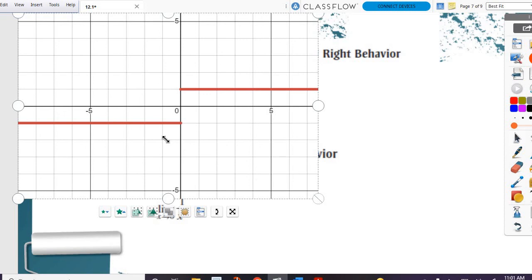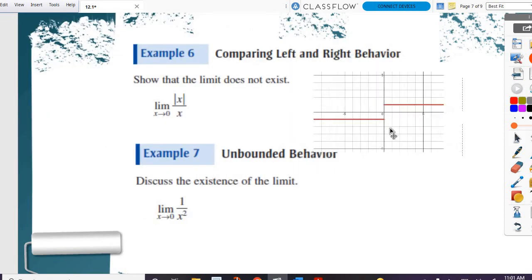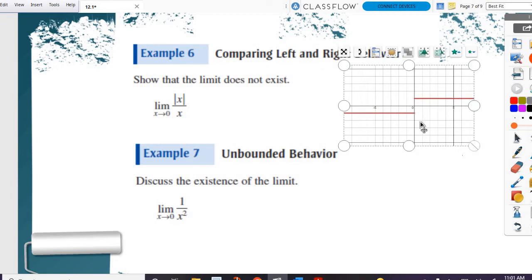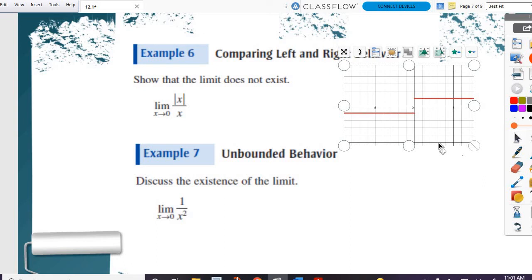Is it approaching if it's already there? It looks like it is at one. Like I said, you can think of it as continuing the same pattern. If I'm already at 1, we're approaching that same value because it's consistently staying there. Does that make sense? So it says show that the limit does not exist. Why would that limit, using what we just talked about, not exist?